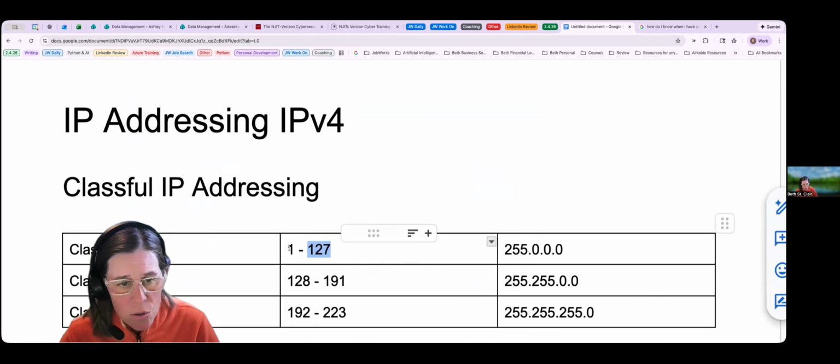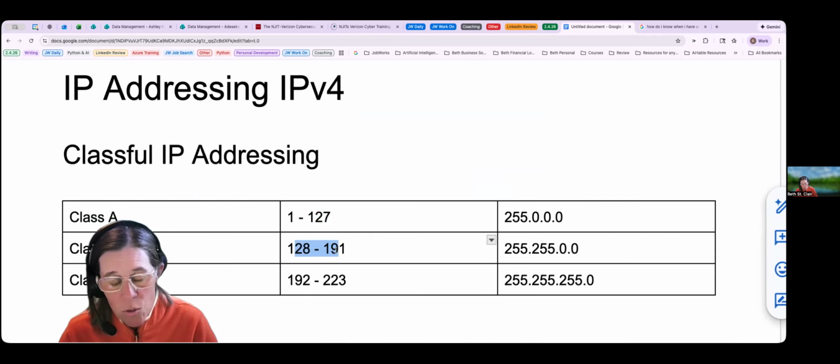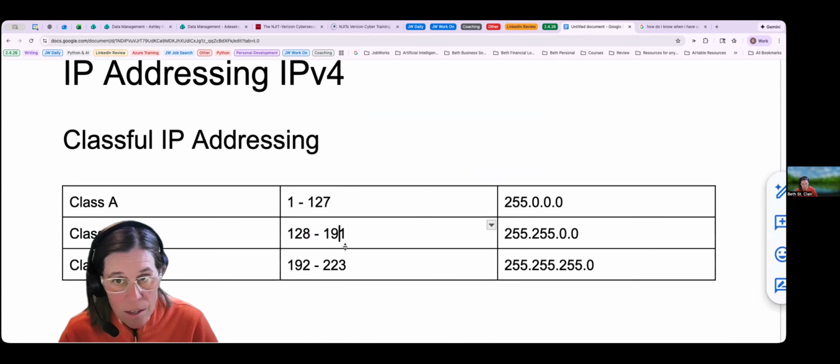Is 172 greater than 1? Yes, it is. Is it less than 127? No, it is not. 172 cannot be a class A. So I go to class B. Is 172 larger than 128? Yes, it is. Is it less than 191? Yes, it is.